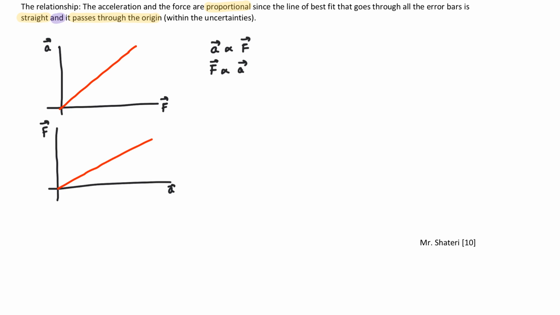It's still a straight line and it still goes through the origin. So this is how we say two things are proportional, and it just means that if we were to plot these two sets of information, we would get a linear graph that goes through the origin. Let's focus on the second one right now. Force is proportional to acceleration. That's this one.